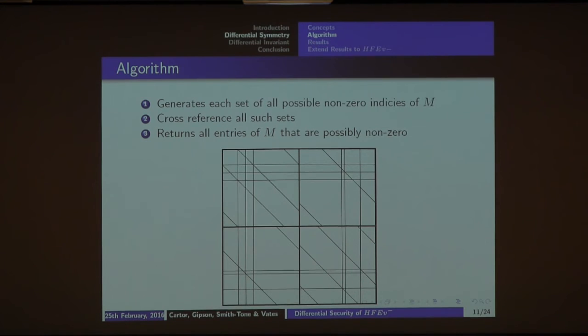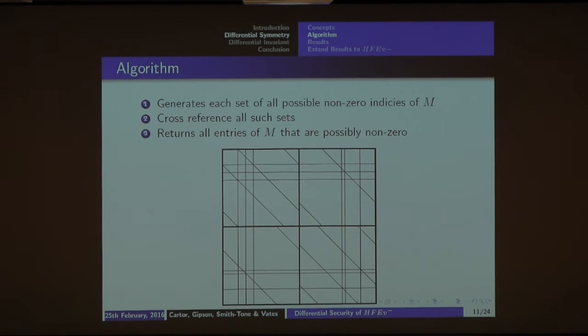So what our algorithm does is it looks at all possible non-zero information. The non-intersections here give you information where certain indices of m are equal to 0. Where you get possible non-zero information is when you have horizontal and vertical lines intersecting, as well as horizontal lines and vertical lines intersecting diagonal lines. This gives you possible non-zero information. So we generated an algorithm that looks at the space of indices, which is what we call this image, and it generates a set of all possible non-zero indices of m.